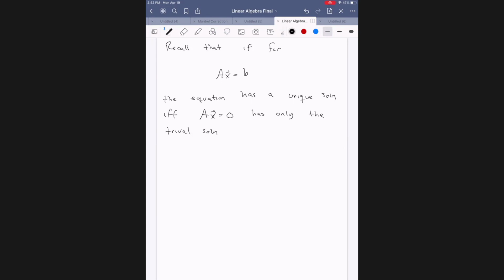What does that mean? It means x equals 0 is the only solution, right? But what does that mean in the context of what we're doing?